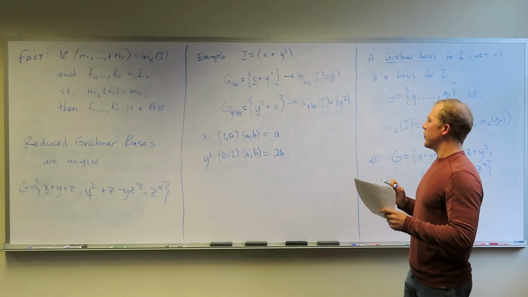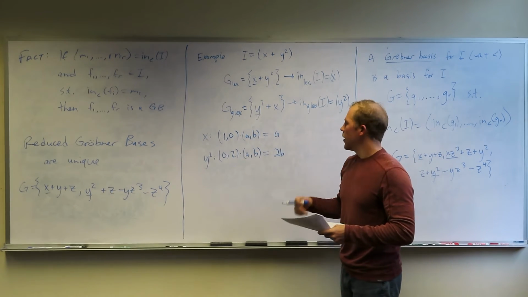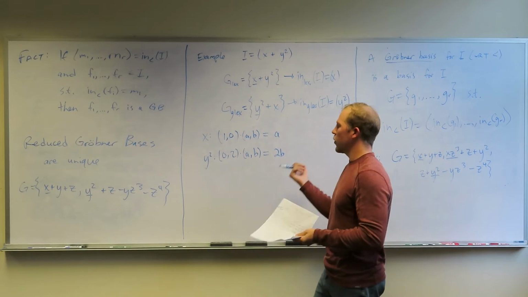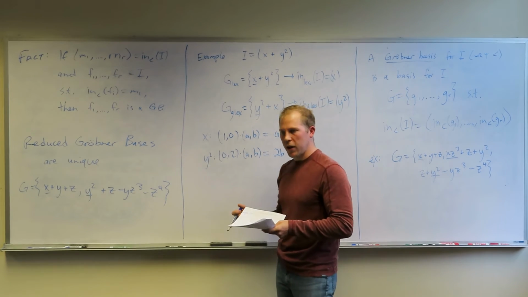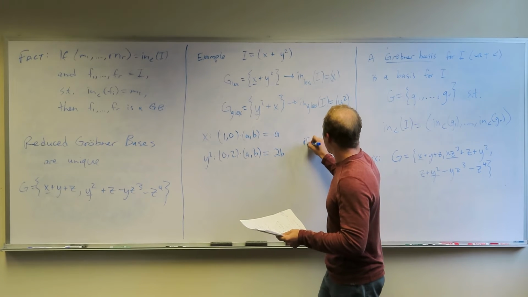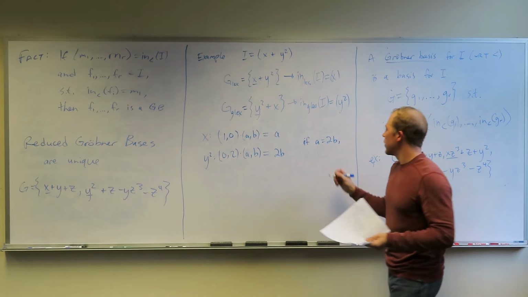If A is bigger than 2B, then this tells me that x should be bigger than y squared. If it's the other way around, it tells me that y squared should be bigger than x. But what happens if A is equal to 2B? Well, then we get a tie, right?